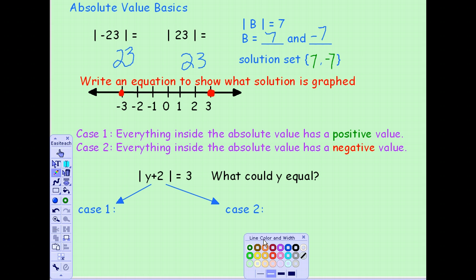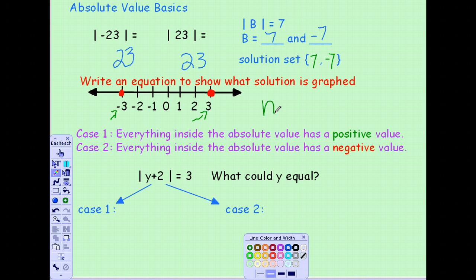In the next example, write an equation to show what solution is graphed. So if we look at the solution that's graphed, it looks like we have a -3 and a +3. There's no variable given here, so we're just going to use the variable n. And in this case, since we have two answers, one's positive and one's negative, those are the opposites of each other, but they have the same absolute value.